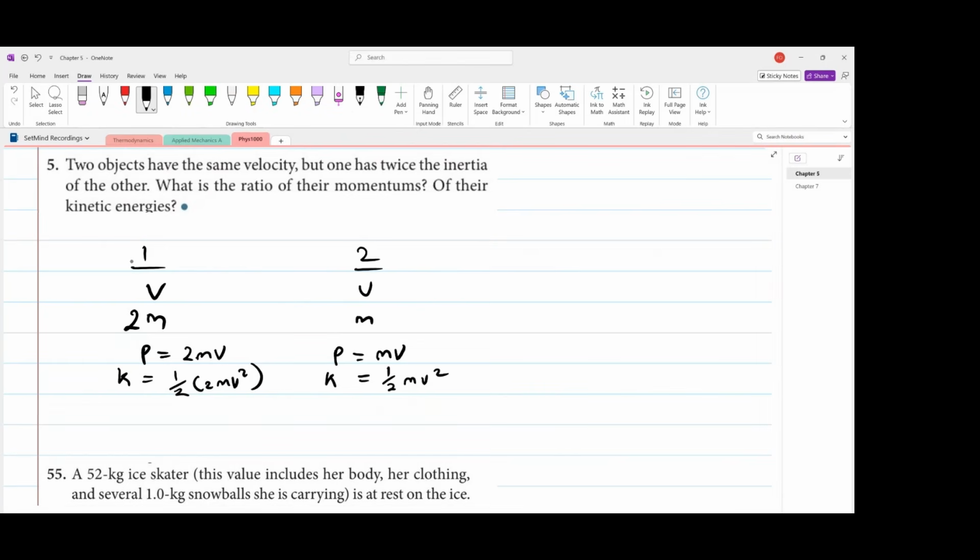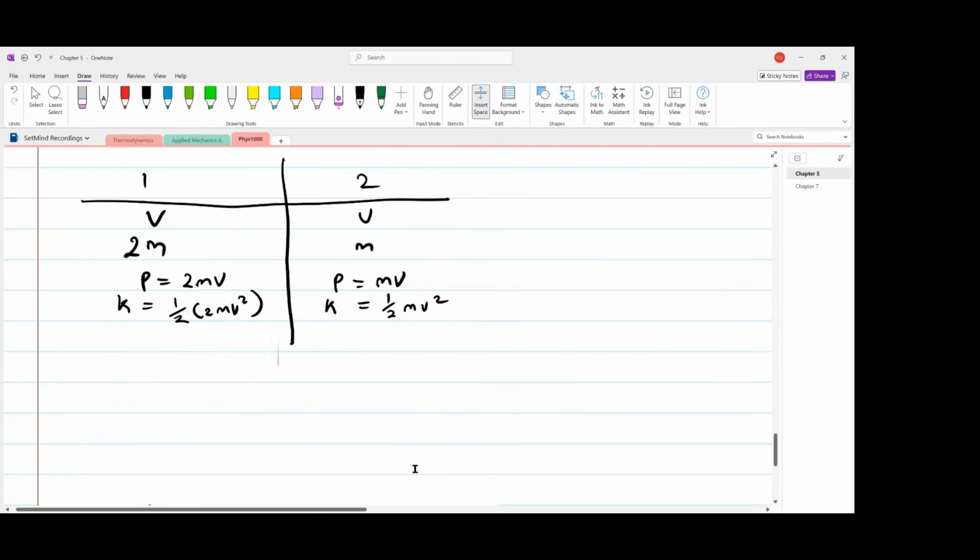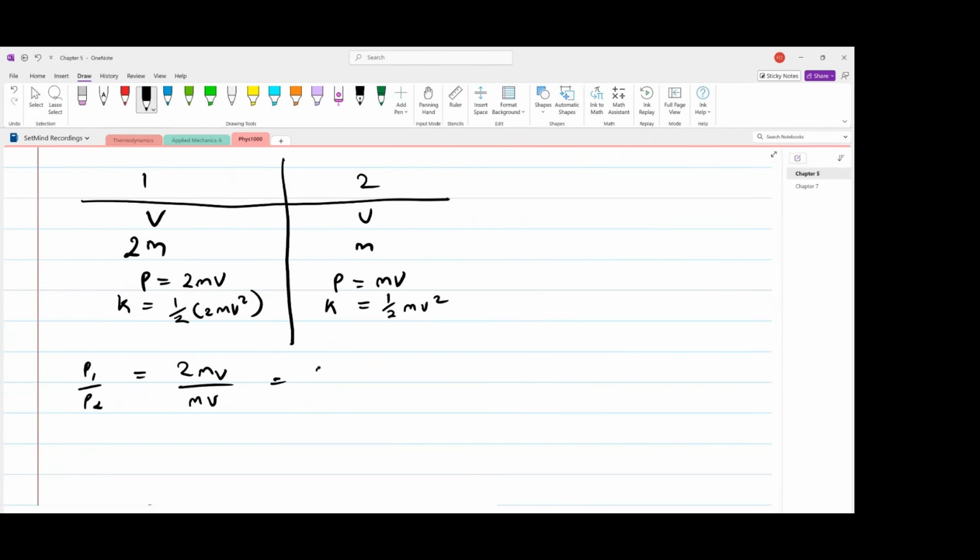Okay. So logically, we can see that the ratio is just 2:1, right? So if we say P1 over P2, it's just going to be 2mv over mv, which is 2/1, right?